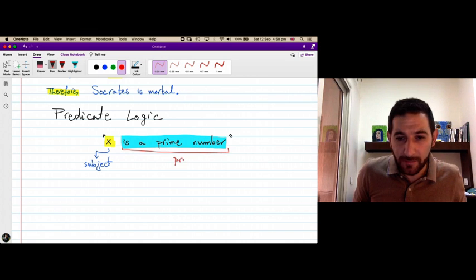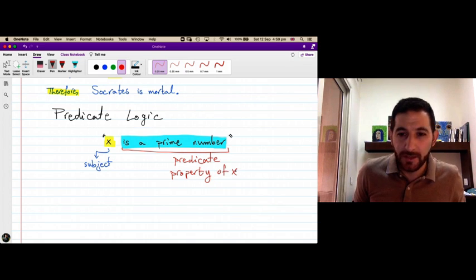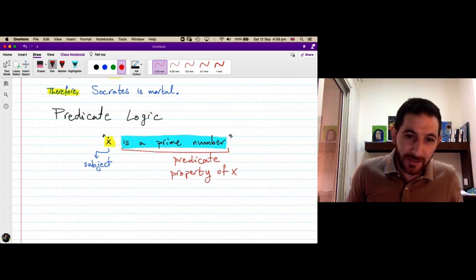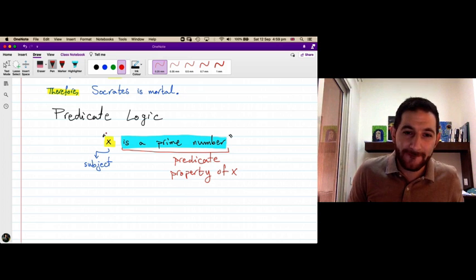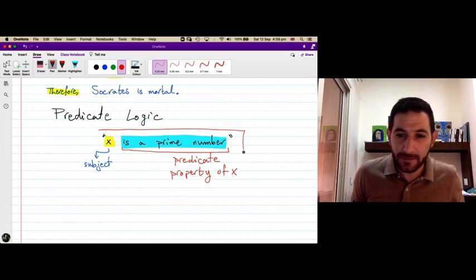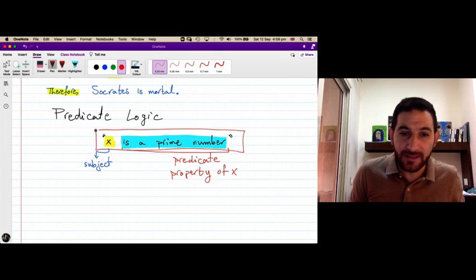What is the predicate in a statement? It is the property of the subject. So we have a statement which declares that x, the subject, has the property of being prime. These statements are what we call predicates.